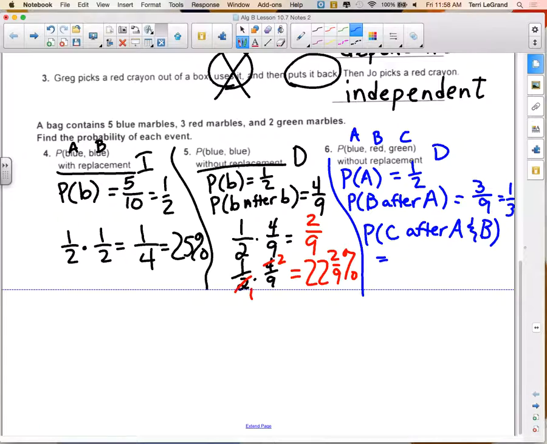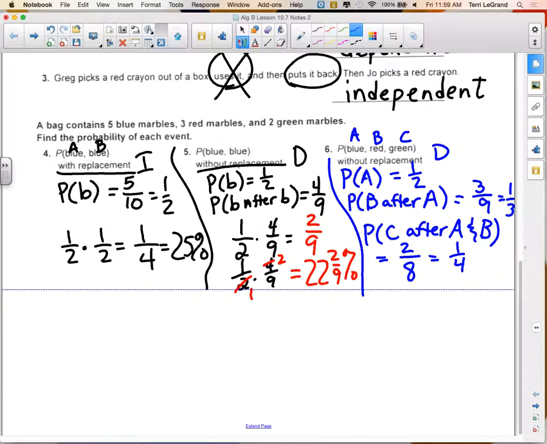We didn't want to draw a green one the second time. So in reality, all the greens are still in there? Yeah, 2. But we've drawn 2 marbles out and not put them back. So we have 8 left. That's 1/4.